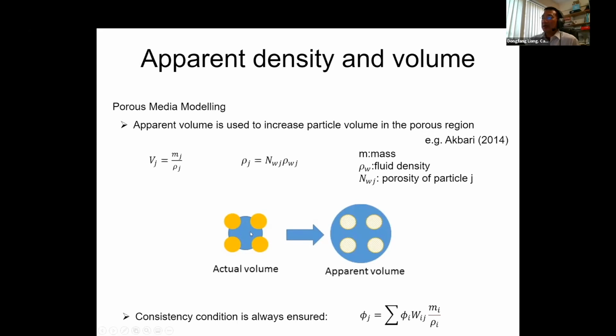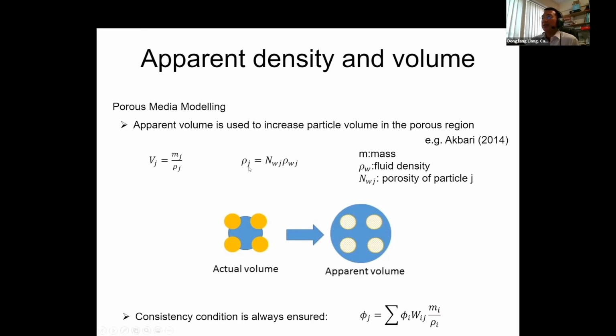So in the middle of the porous media, the apparent density is equal to porosity times the density of water, which is 1,000 kilograms per cubic meter. Correspondingly, the volume of the particle increases inside the porous medium. At the interface, there is a transition zone.